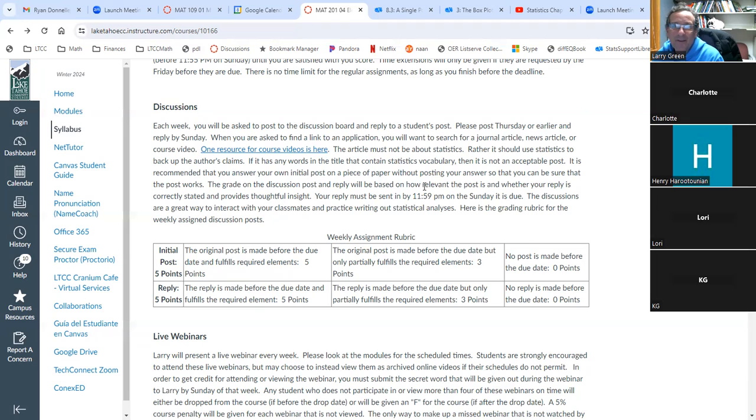The other thing, and this is something I do as a benefit to those who are not procrastinators. The initial post is due on Thursday, but if you post it by Wednesday, I will look at it. And if there are issues where I would take off points, I will reply to your post with the issues to fix, or sometimes you're going to repost something else because it's a terrible issue.